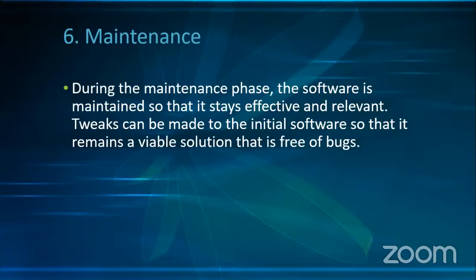So these are the 6 phases that I want you to have. Remember, there are 6 phases that go on when it comes to SDLC. SDLC, software development life cycle. It's just a life cycle. The end product is what we are all working towards.